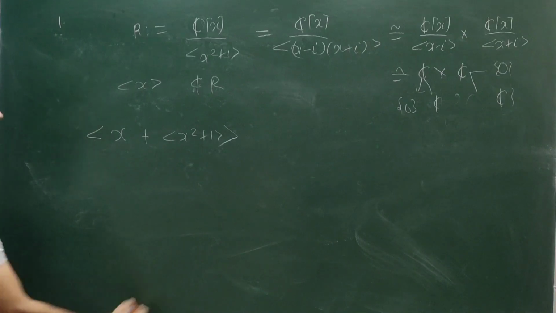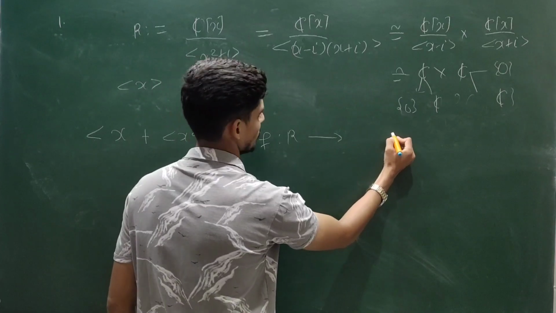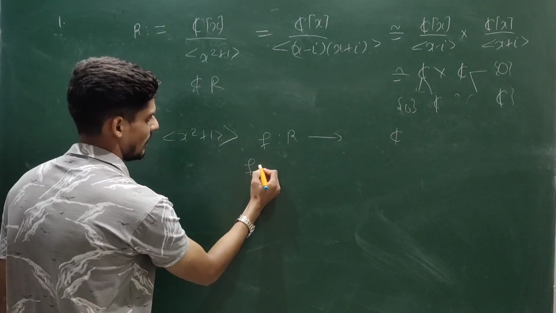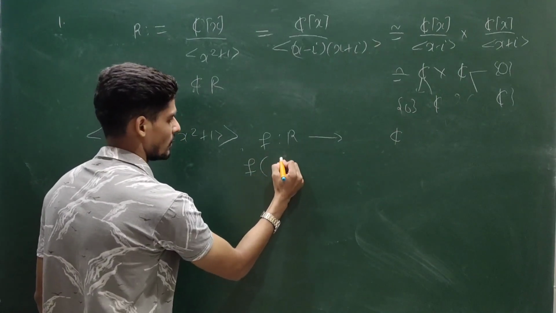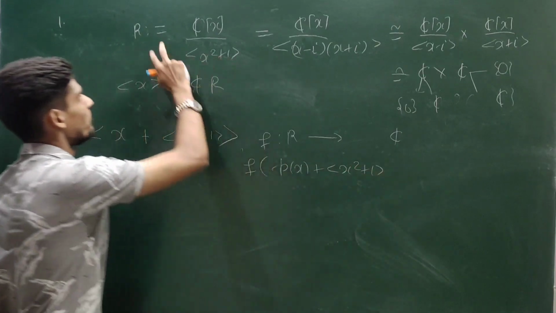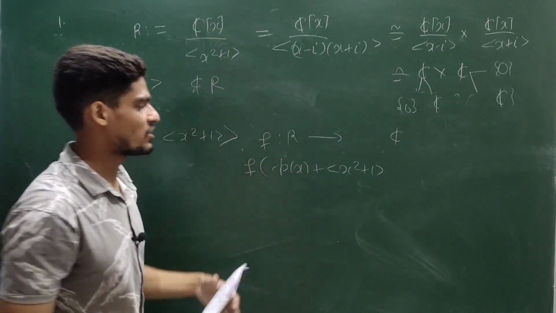You can define a mapping, say F, from R to C, and I am sending it in this way: p(x) plus the ideal generated by X squared plus 1, because a member of R will look like some polynomial inside C[x] plus the ideal generated by X squared plus 1.